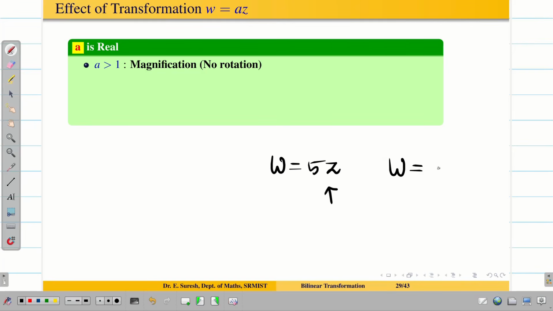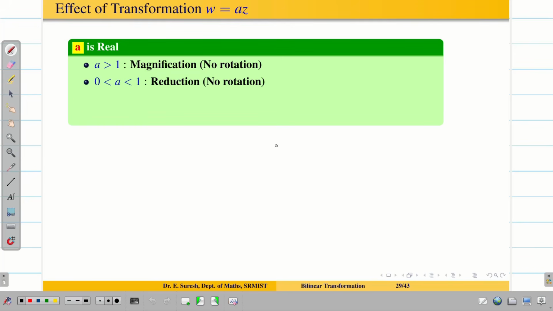Suppose we consider W = 1/2 into Z, then the image in the W plane is 50% contracted compared to the image in the Z plane, because we are multiplying by the number 1/2. So when A lies between 0 and 1, excluding both 0 and 1, reduction or contraction happens, and here also there is no rotation.